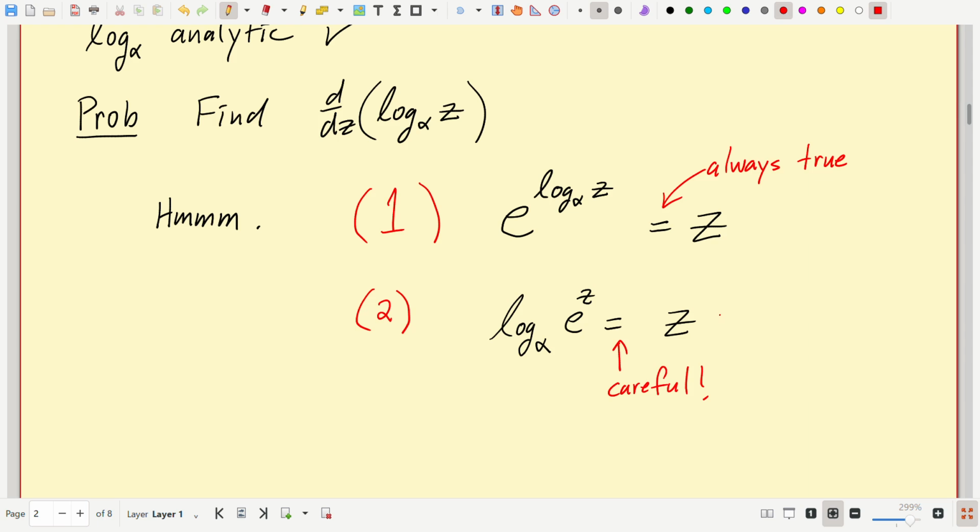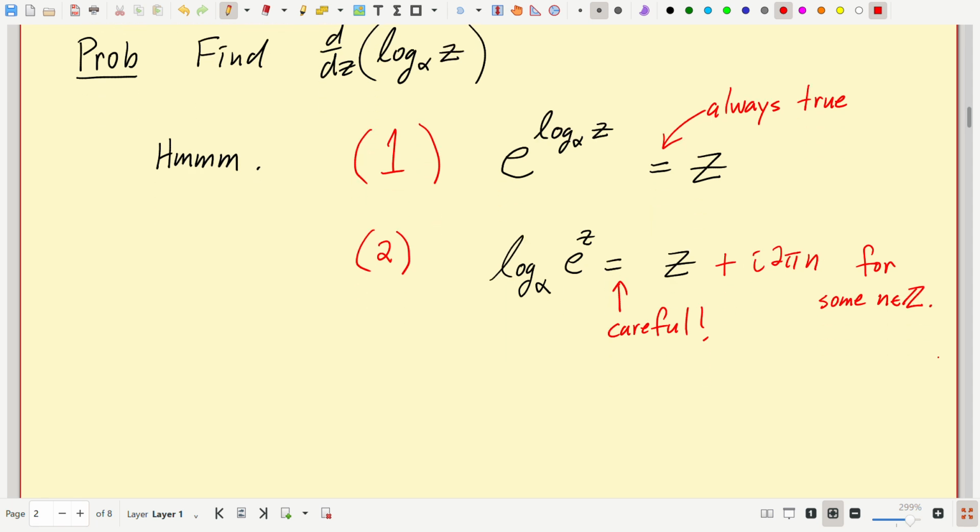You might need some multiple of 2 pi I here. You would need the right angle to stick in there, for some integer n. Okay, so that one's not always true. But number 1 is always true, and that's the one I'm going to differentiate to figure out what the derivative of the log is.